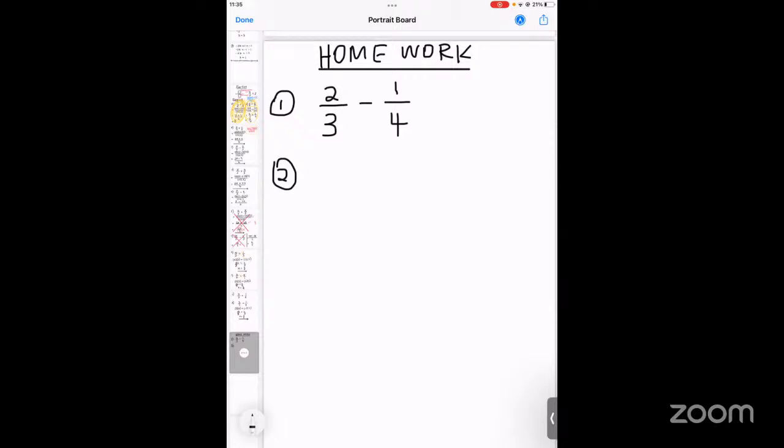Let's say 4 and minus 2 there. And for number 3, I will say K over 2 minus 1 over 3.